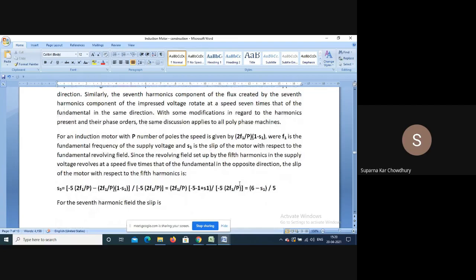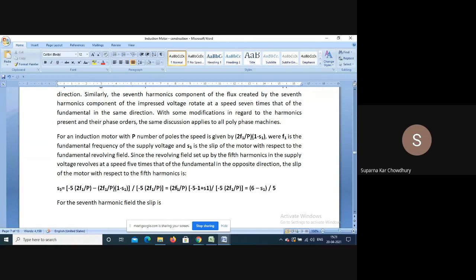So if we find the slip S5 due to the fifth harmonic, it will be the speed of the fifth harmonic, which is 5 times the speed of the fundamental, with a minus sign because it is rotating in the opposite direction, minus the speed of the rotor. Now the speed of the rotor is due to the fundamental only, so fundamental synchronous speed into (1 minus S1), where S1 is the slip due to the fundamental, divided by the fifth harmonic synchronous speed.